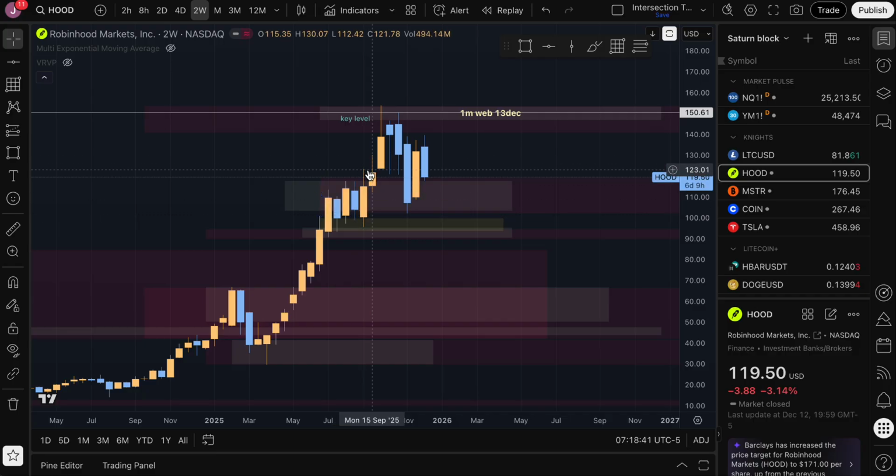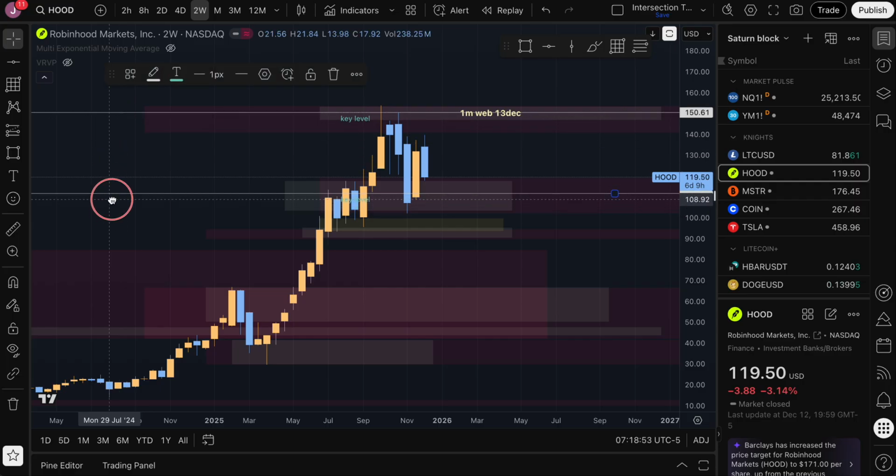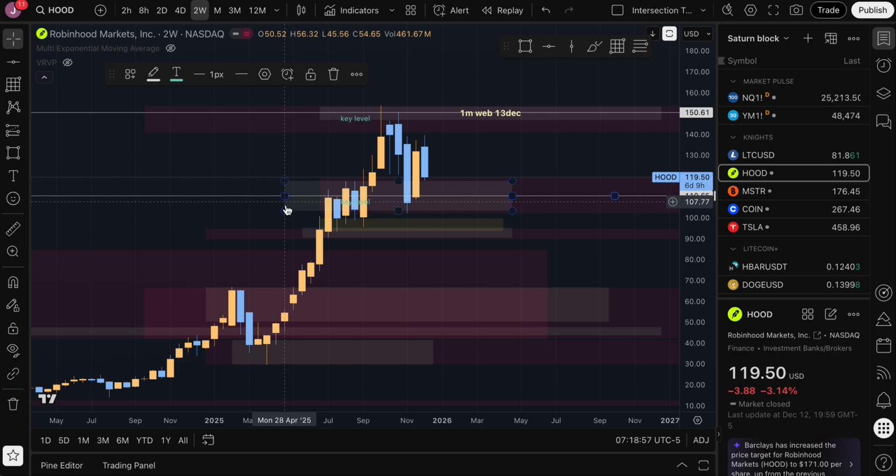And sometimes in these voids there's key levels as well, especially if there's a large spacing. But we're just going to copy these down to about a 50% position of the structure I'm pulling it into.